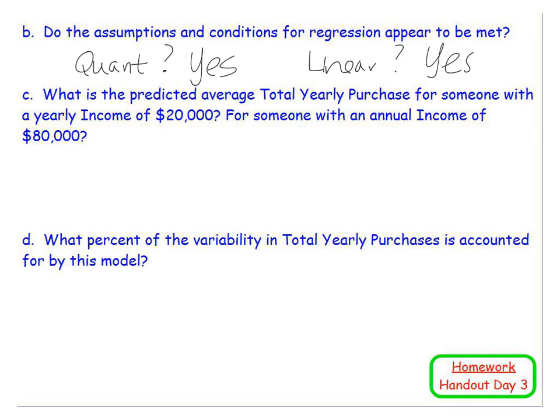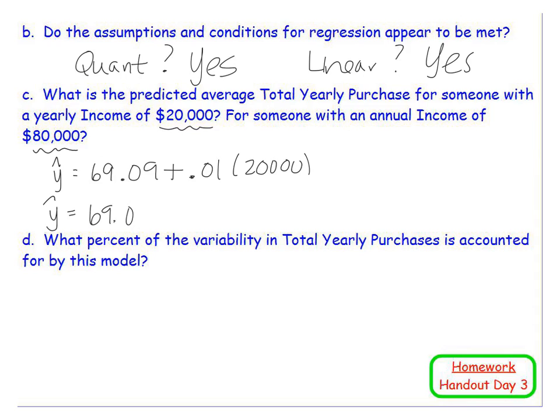What is the predicted average total yearly purchases for someone with an income of $20,000 and then someone with an income of $80,000? So those are both prediction questions. So our model was 69.09 plus 0.01, and so I'm going to multiply first by 20,000, and then I'm going to do the same thing but I'm going to put in 80,000 in the parentheses.